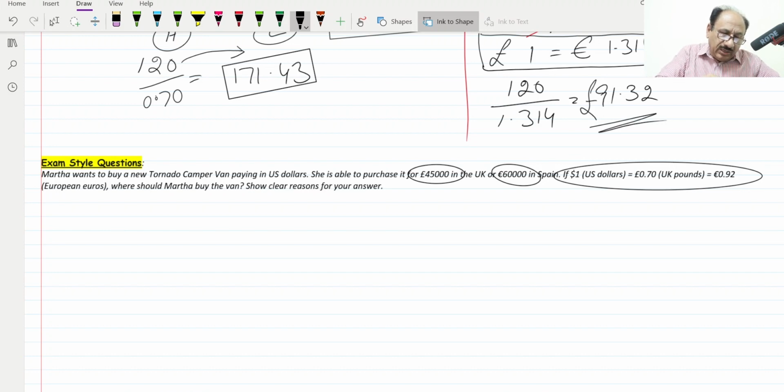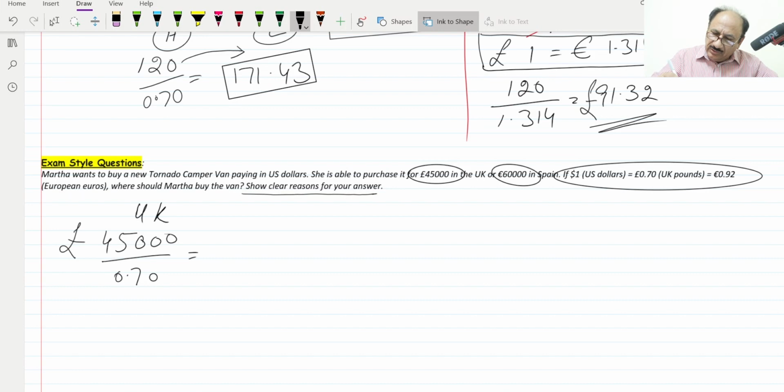Where should Martha buy the van? Show clear reasons for your answer. So this is what we have to show. So we will check in UK. The situation in UK will be, for that payment it is 45,000 pound, and by this conversion we can divide this by 0.70.